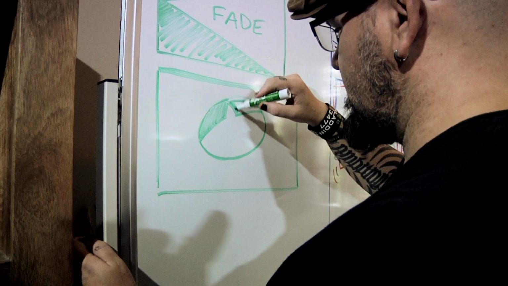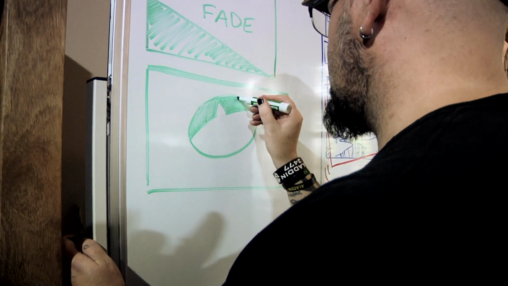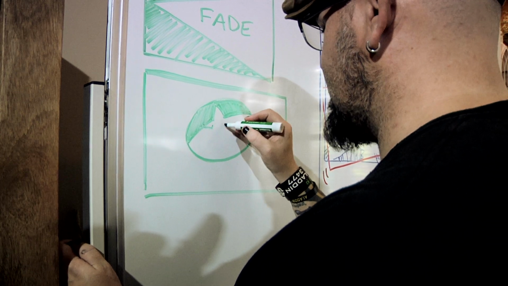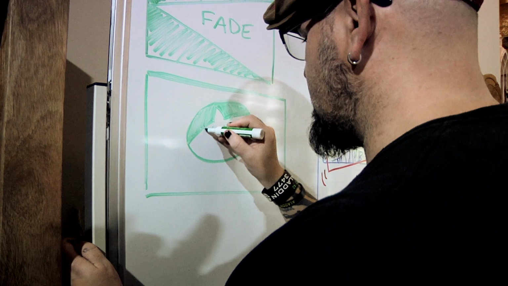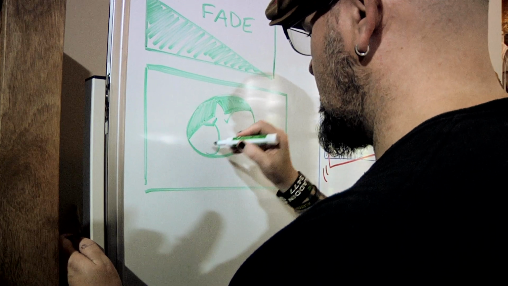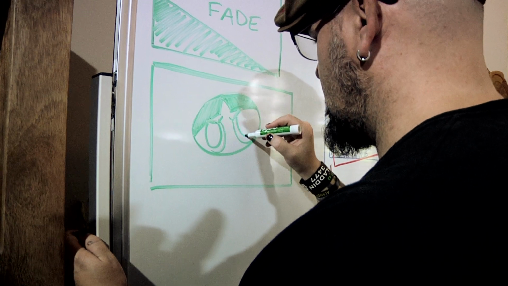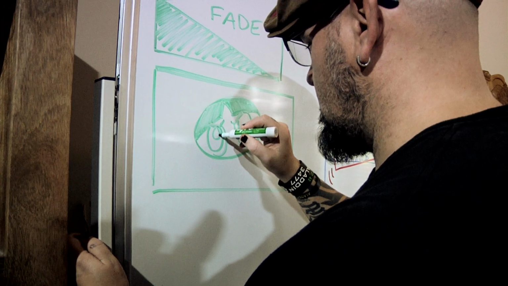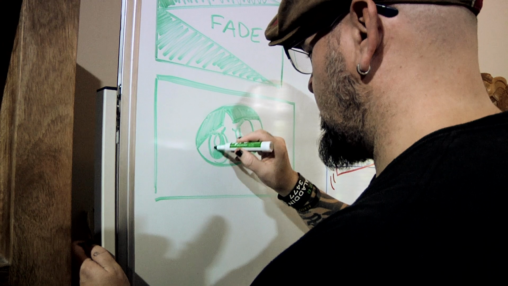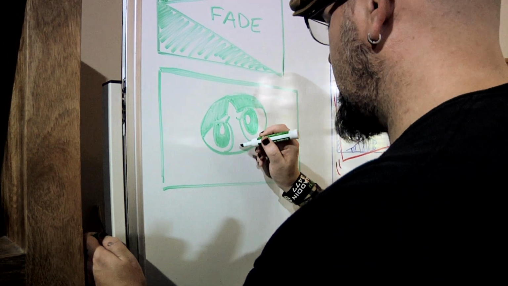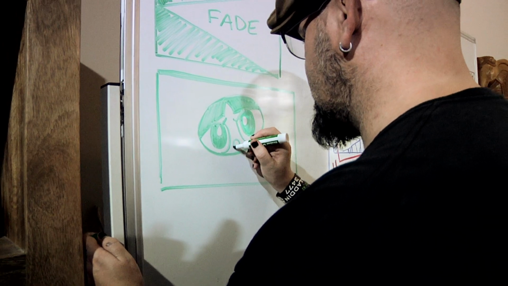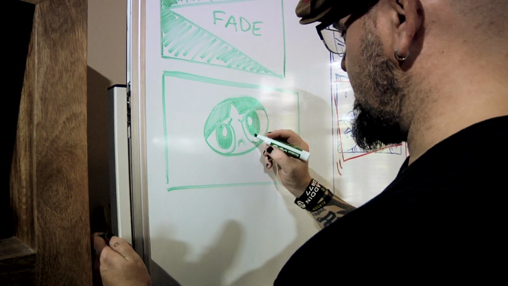There are certain things I love about working with these markers, and certain things not as much. But Buttercup is always angry. Buttercup is always mad, so she's got this little horseshoe mouth.